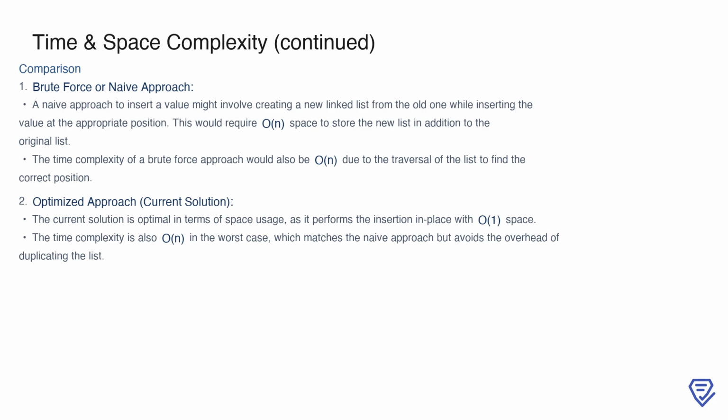Moreover, the time complexity of the naive approach would also be O(n), because we still need to traverse the list to locate the insertion point. In contrast, our optimized solution performs the insertion in place, avoiding the overhead of duplicating the list and maintaining a space complexity of O(1). While the time complexity in the worst case remains O(n), the reduction in space usage makes the optimized approach significantly better.